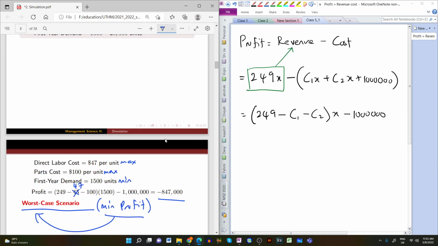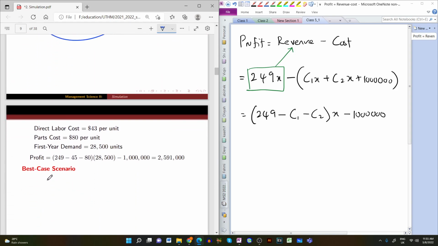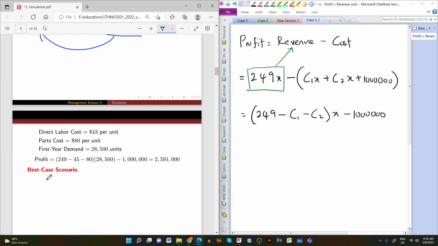Then I guess you can guess that there's another scenario which is directly opposite of this, which is the best case scenario. As I told you just now, for worst case the cost must be maximum, isn't it? So now for best case the cost is minimum.